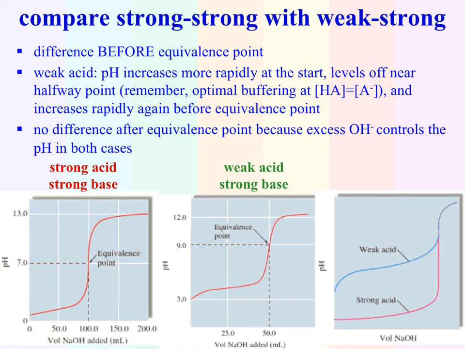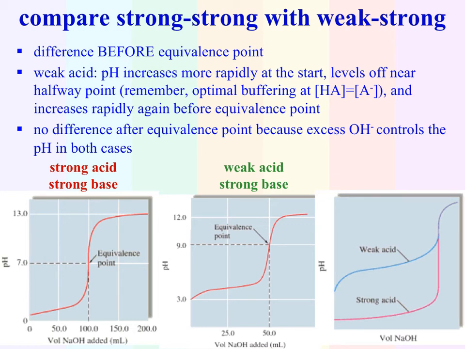Okay, for the weak acid, the pH is going to increase more rapidly at the start and basically start to level off near that halfway point when the HA and A minus concentrations are equal, right? So you have that optimal buffering situation.